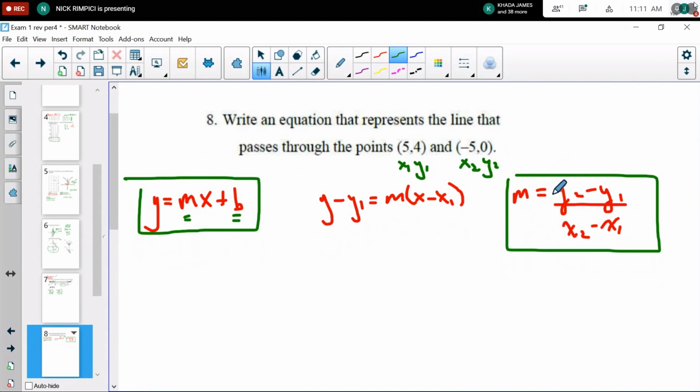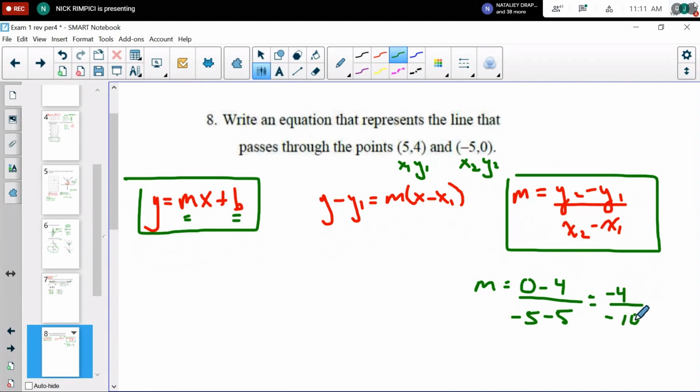So I can just do y2 minus y1, which in this case is 0 minus 4. And in my denominator, I can do -5 minus 5 because x2 is -5 and x1 is 5. So I can do that. And now I just work this out. It's really simple. 0 minus 4 is -4, and -5 minus 5 is -10.